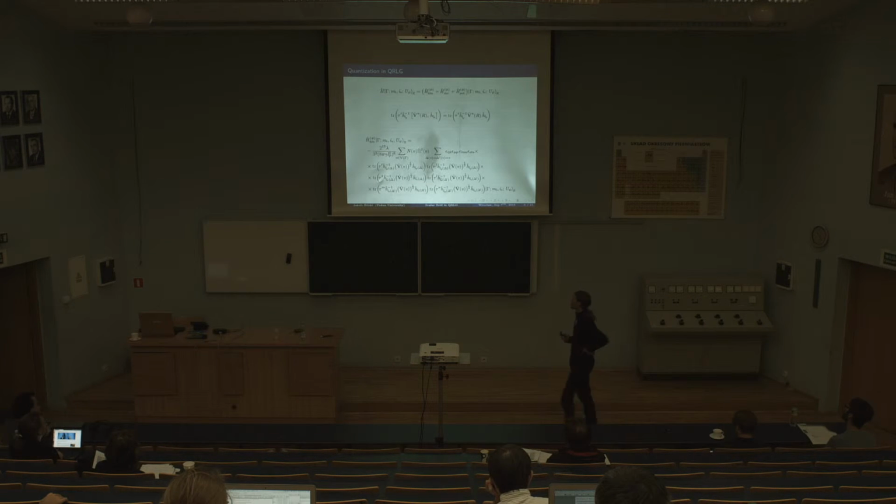The method of quantization in loop quantum gravity, and the same for quantum reduced loop gravity, is the following. So we have to promote Poisson brackets into commutators, and volumes and holonomies into operators.